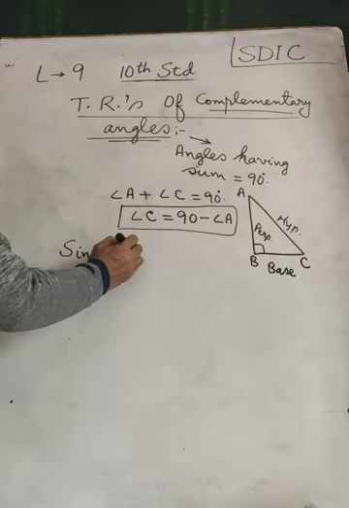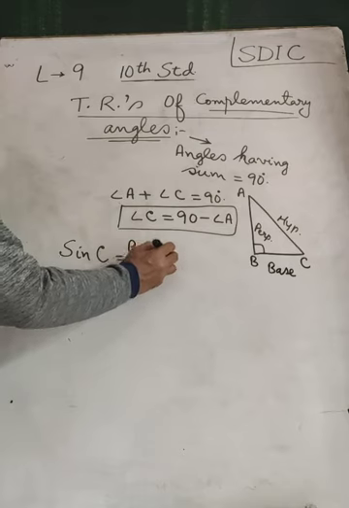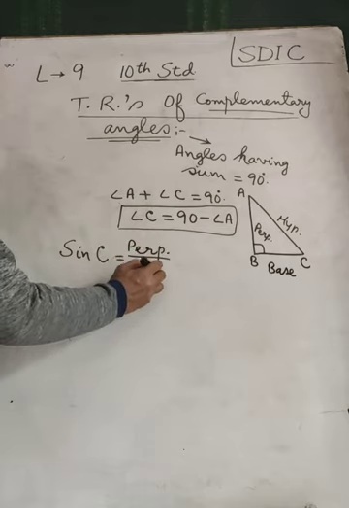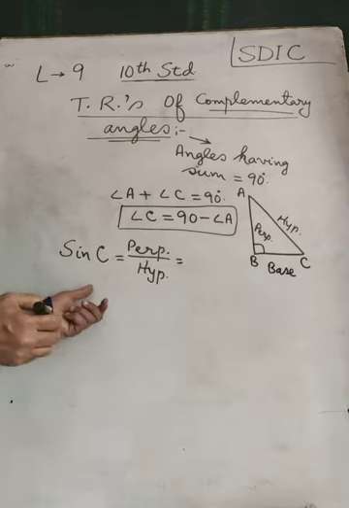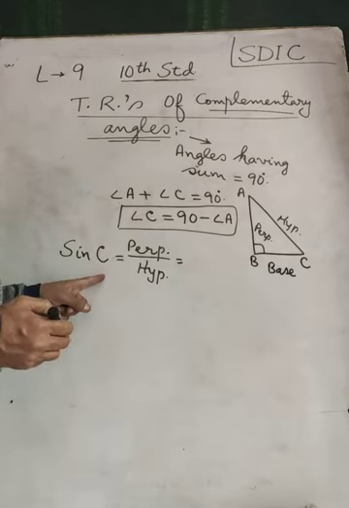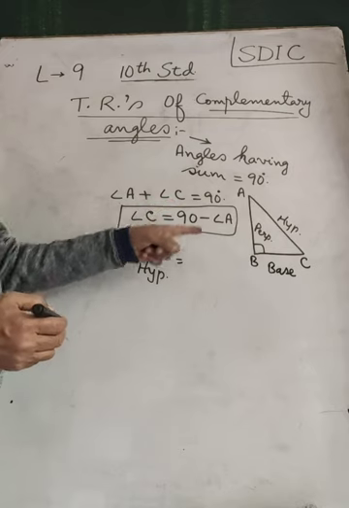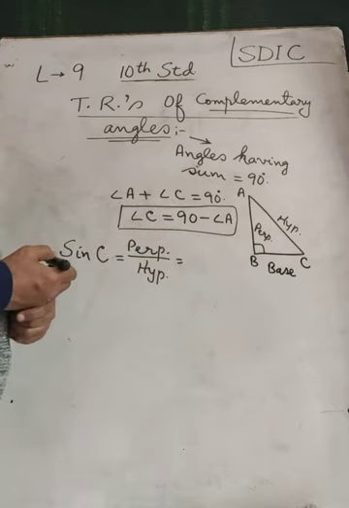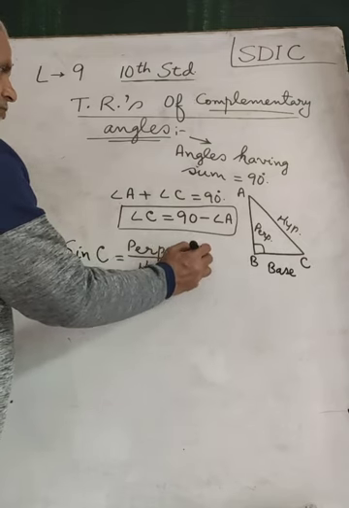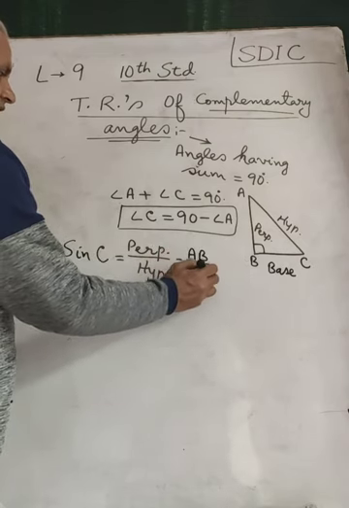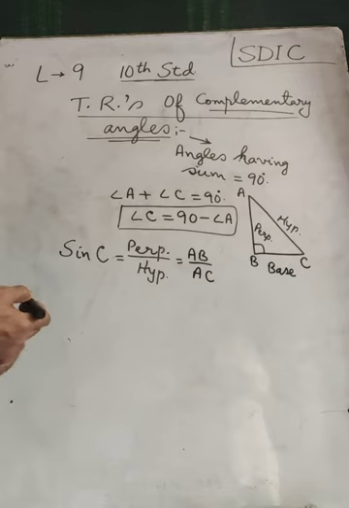Definition says sine is perpendicular by hypotenuse. This is the definition of sine. Now, with respect to angle C, we have already identified the perpendicular, it is AB, thus it is AB by AC. Sine C is AB by AC.